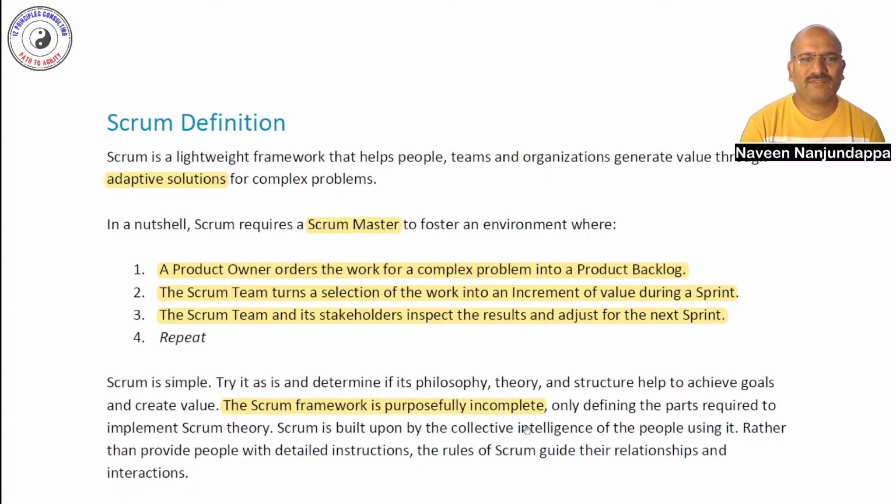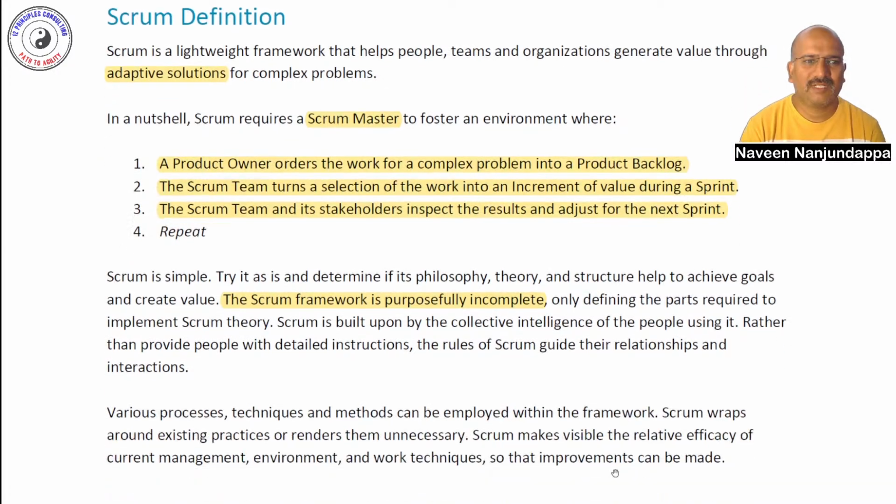So instead of saying everything and making it a detailed process, Scrum is a lightweight framework which gives you only the rules of the game, and the tools, techniques, and strategies need to be added and made more sensible. You can notice that various processes, techniques, and methods can be employed within the framework. Scrum wraps around existing practices or renders them unnecessary.